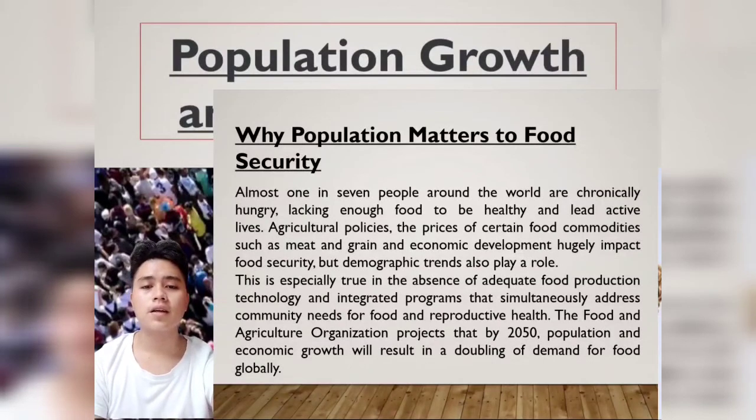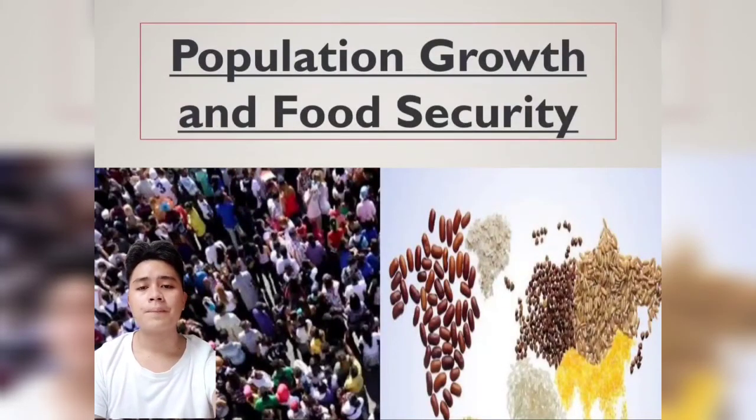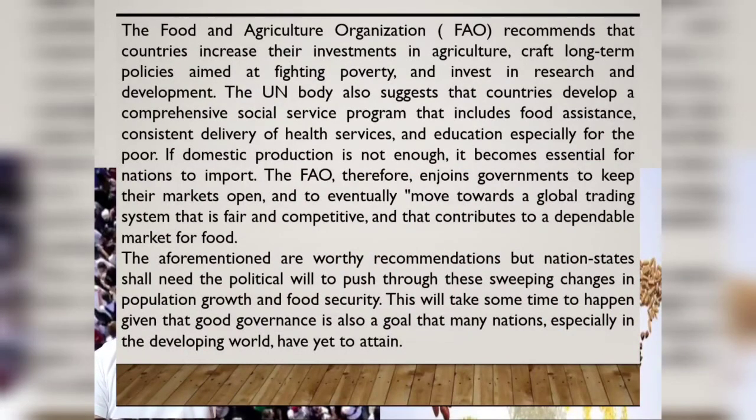The Food and Agriculture Organization projects that in 2050, population and economic growth will result in a doubling of demand for food globally. The Food and Agriculture Organization recommends that countries increase their investment in agriculture, craft long-term policies aimed at fighting poverty, and invest in research and development.